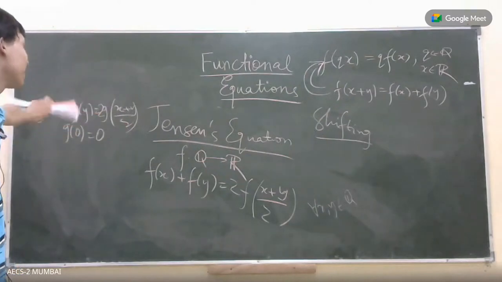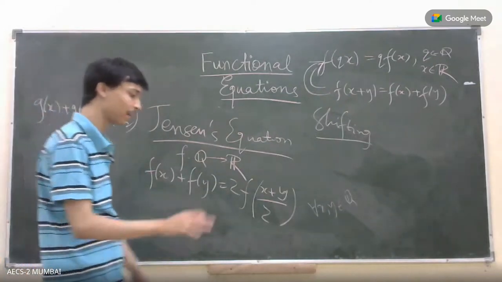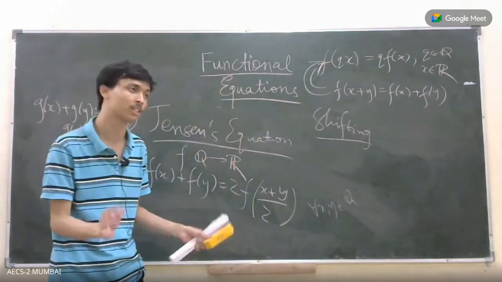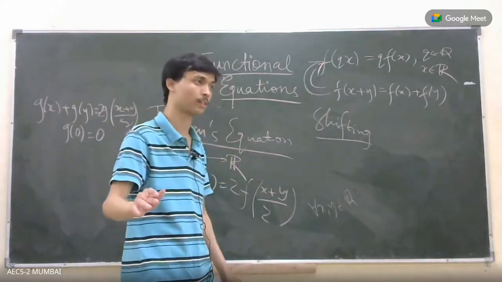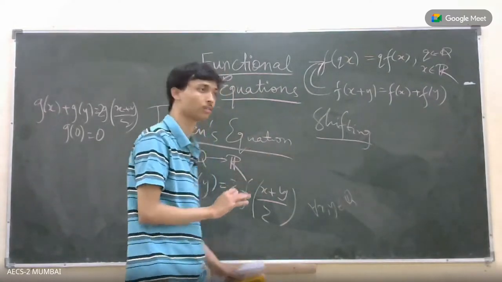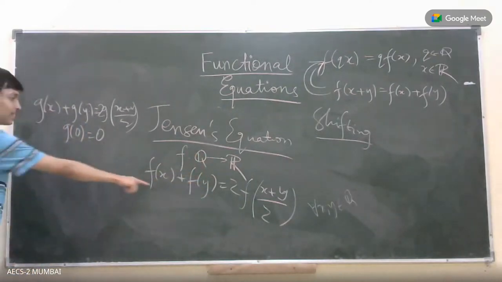So this was a main example of shifting. Now you have to manipulate. I'll tell you some standard recipes for manipulation. The first, the most obvious and simple one is put everything 0. The second one is put one of the variables 0, leave the other one free. So let's put y = 0 and leave x as it is.